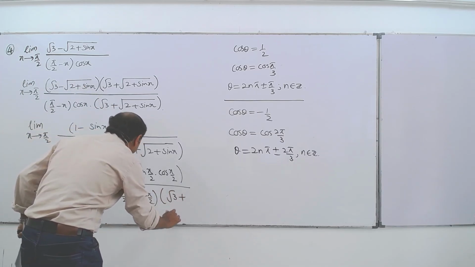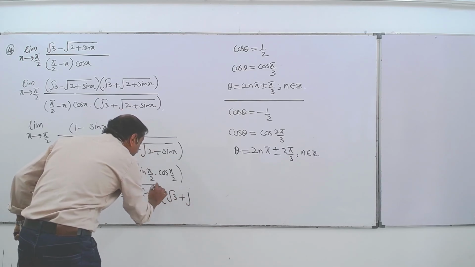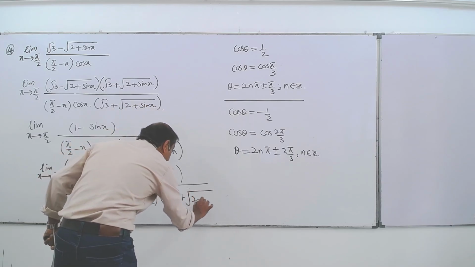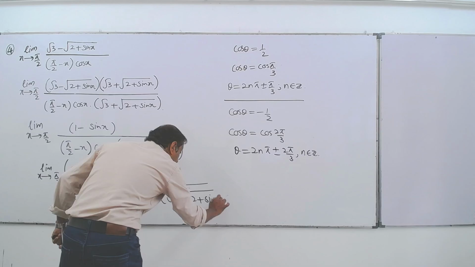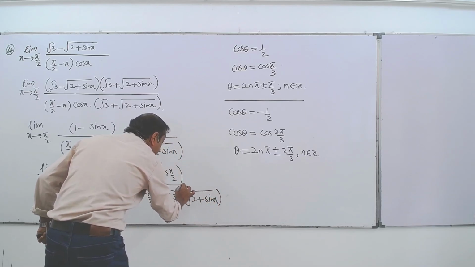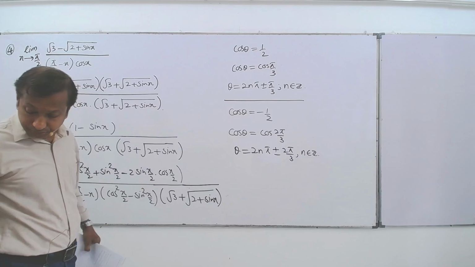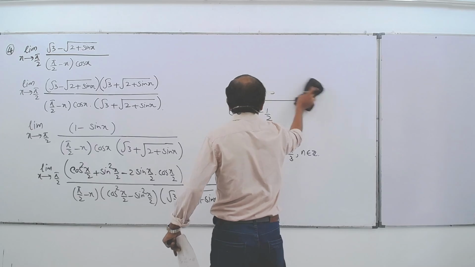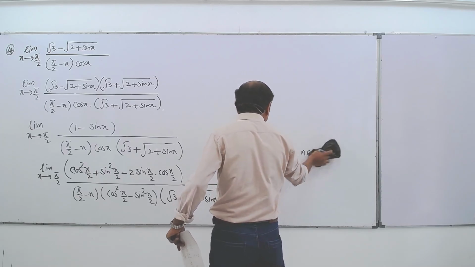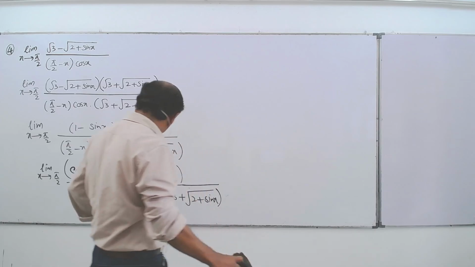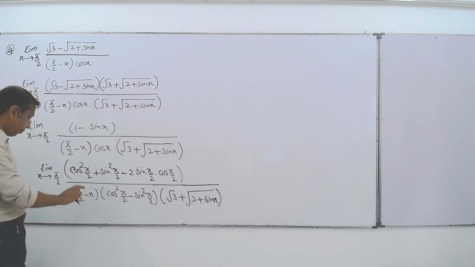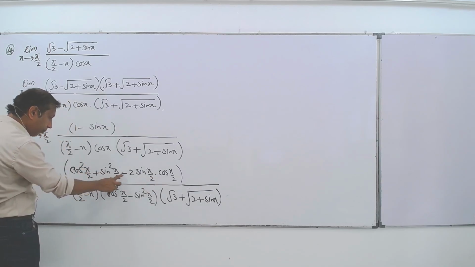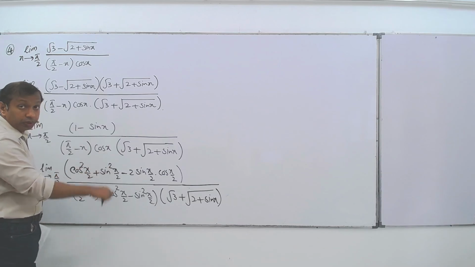Root 3 plus this 2 plus sin x. You see. You can very clearly notice here, this bracket we can write as cos x by 2 minus sin x by 2 perfect square, no?